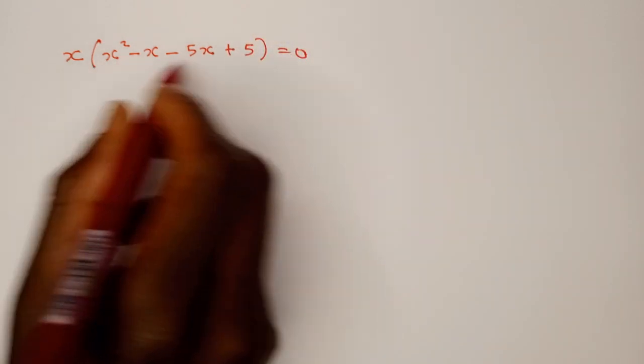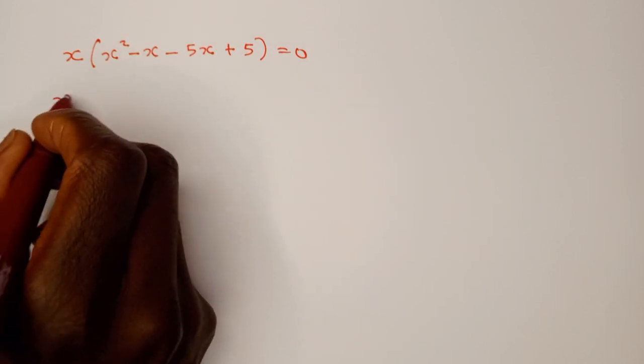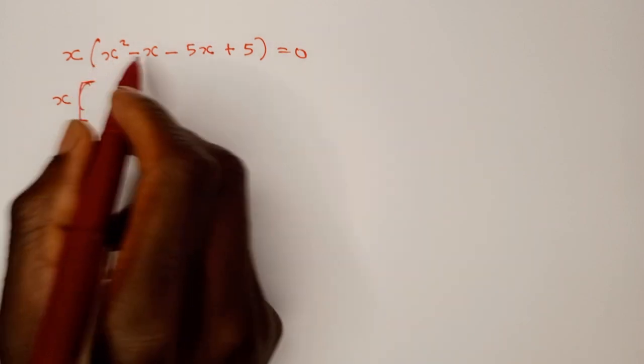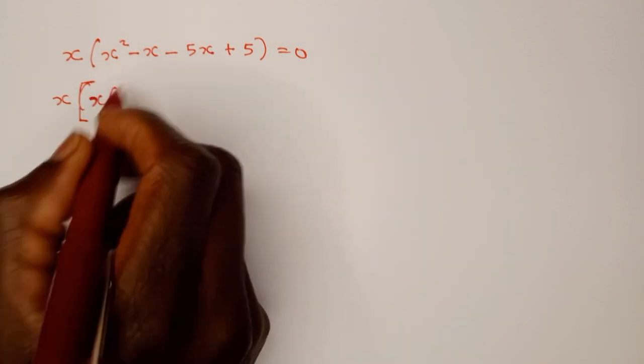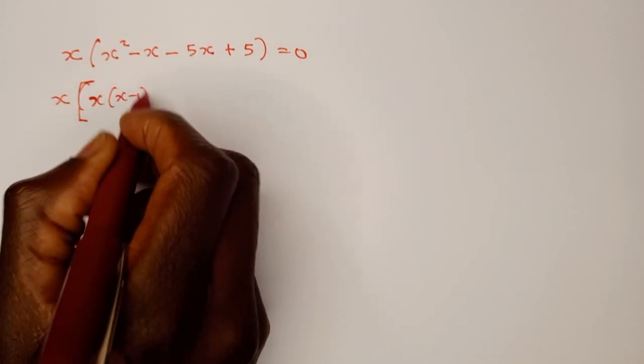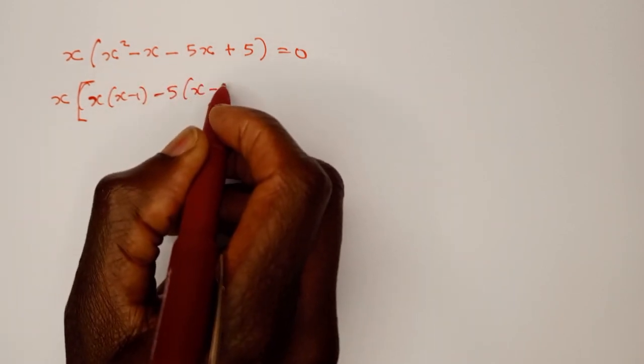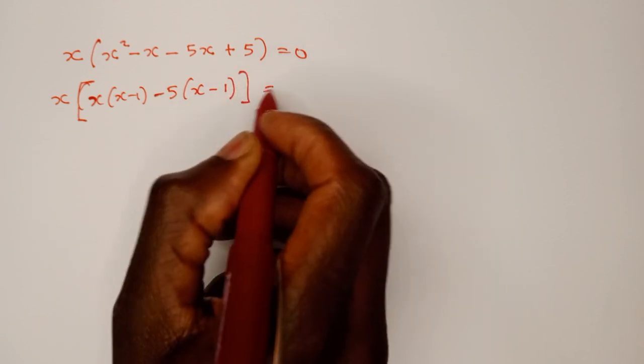Then factor whatever is inside, this will be x into, so whatever is common here, let's put this way. So this will be x into x minus 1. Whatever is common here is minus 5. So it will be x minus 1 also. Then is equals to 0.